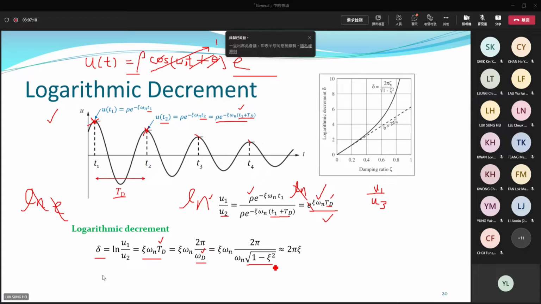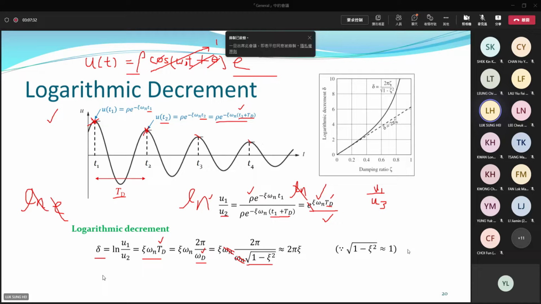So you can cancel some common terms. Cancel omega n here. In the numerator, you have 2 pi times the damping ratio. The denominator is the square root of 1 minus damping ratio squared.